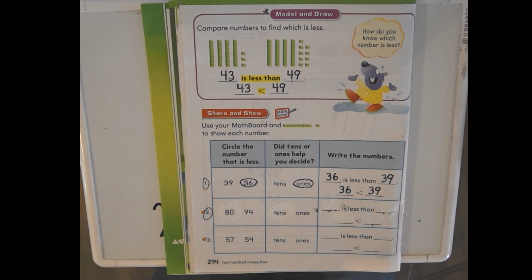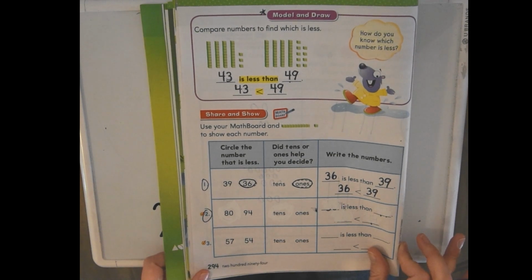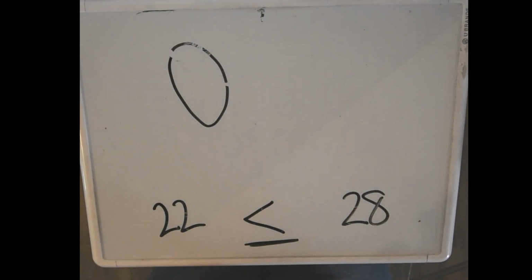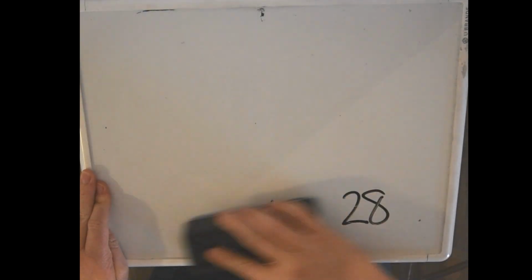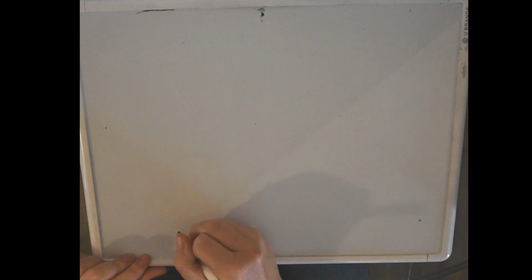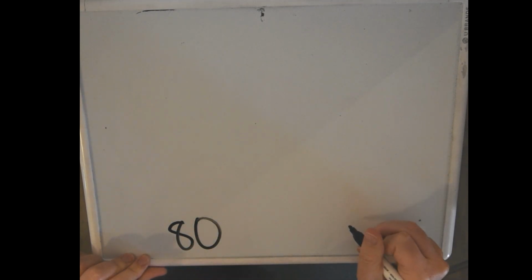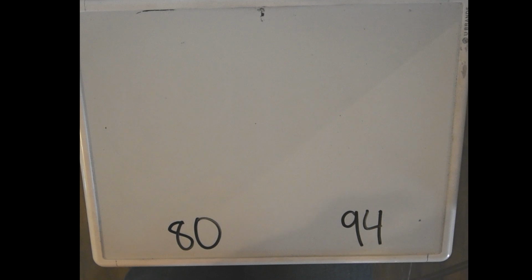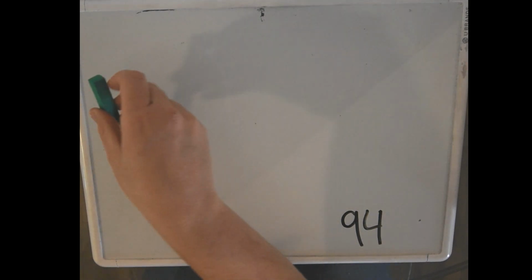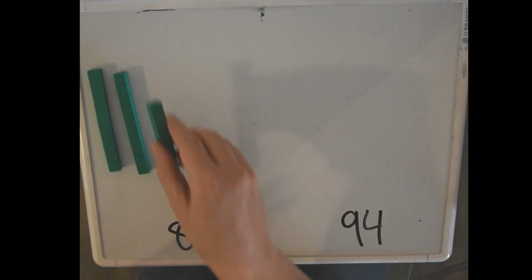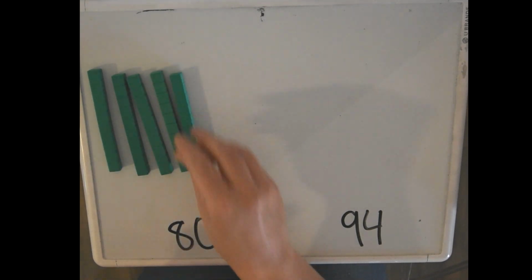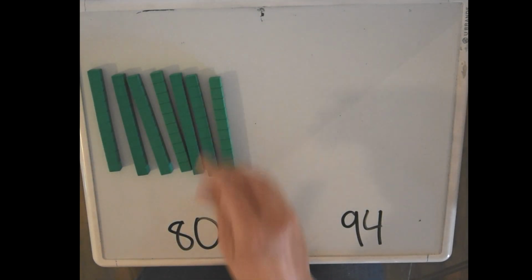Let's do number 2 together, okay? And I'm going to make both of these numbers, 80 and 94, using my tens and ones. Okay, so my first number is 80, and then I have 94. So let's make 80. 80 has how many tens? 8 tens, right? 1, 2, 3, 4, 5, 6, 7, 8.